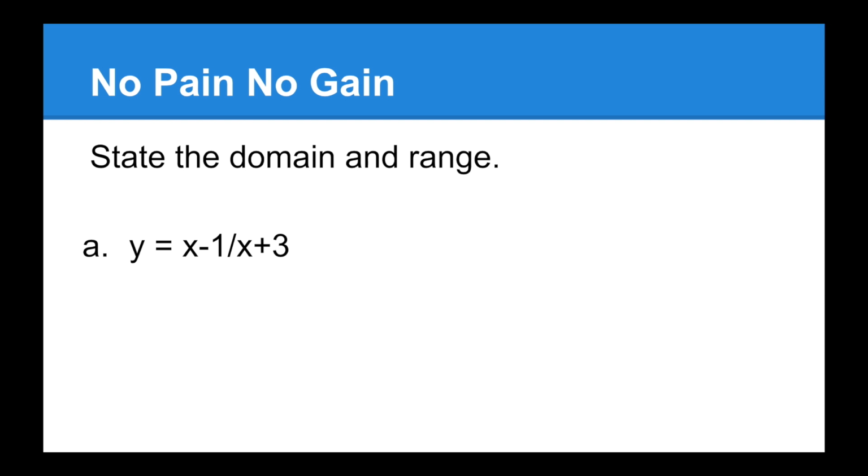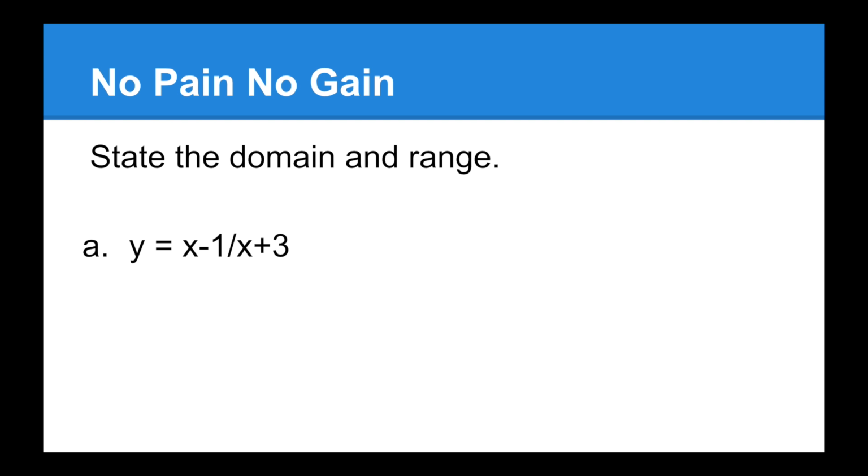So first you have to figure out the asymptotes of both x and y. For the vertical asymptote, you have to use the formula negative d over c. And for the y asymptote, you have to use a over c.